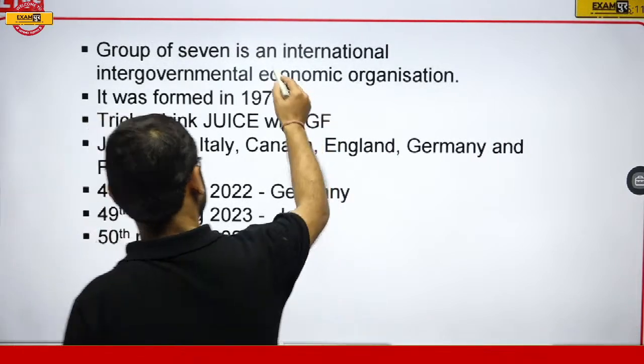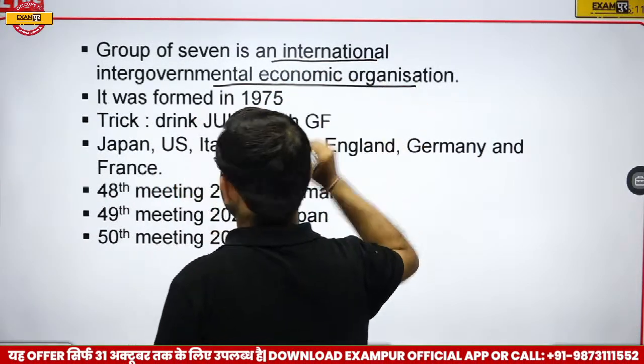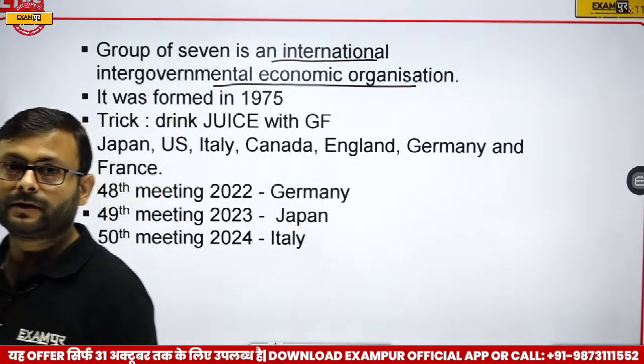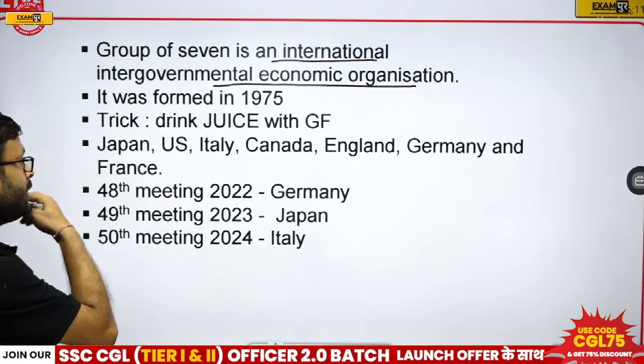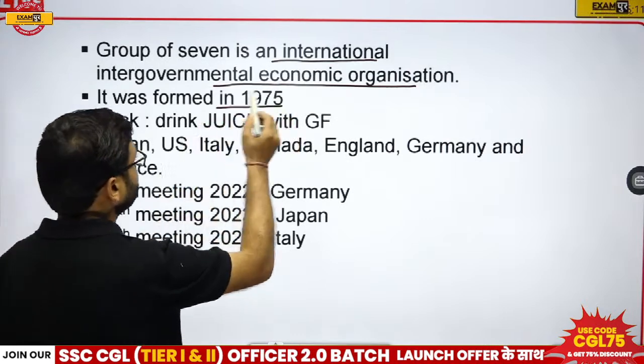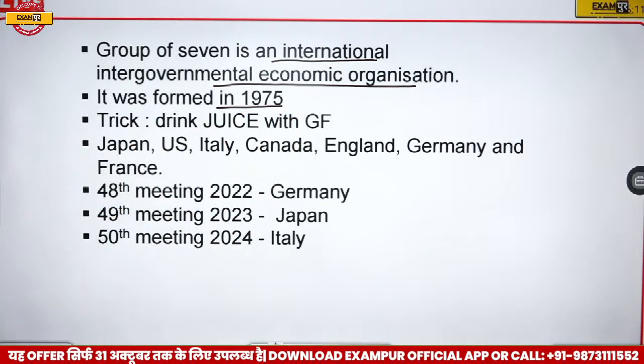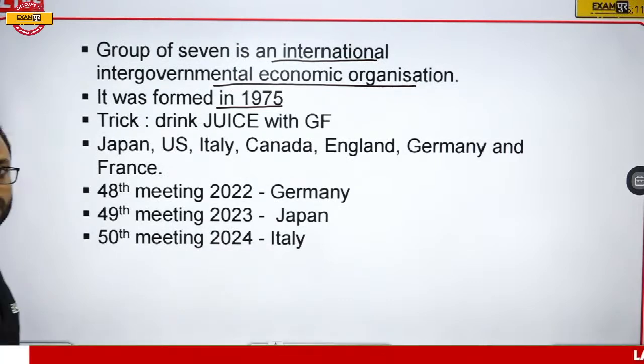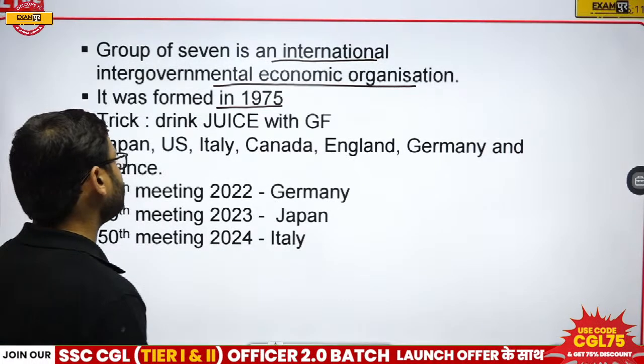Here is more information about the G7 nations. It is an international intergovernmental economic organization, formed in 1975. Here is a trick to remember the countries of the G7: Jews with girlfriend.